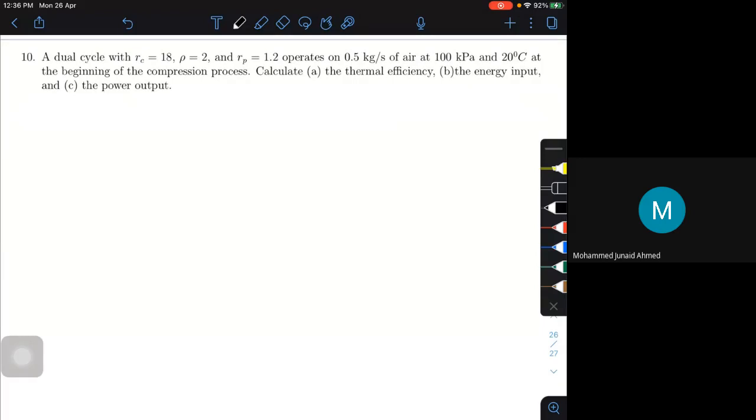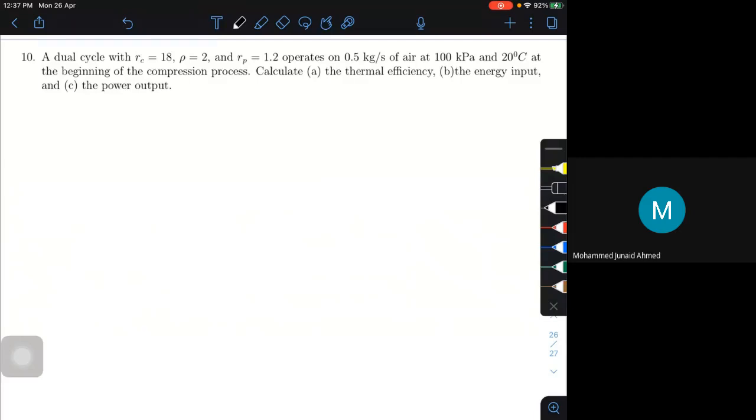A dual cycle with a compression ratio of 18, rho equal to 2 and a pressure ratio of 1.2 operates on 0.5 kg per second of air, that is the mass flow rate, at 100 kilopascals and 20 degrees Celsius at the beginning of the compression process. Calculate the thermal efficiency, the energy input QH and the power output. So these three things you have to find.